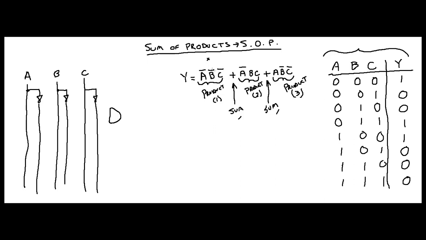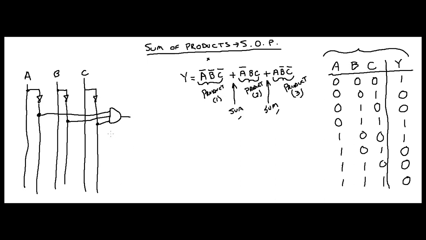So they've all been inverted. So if we take one, we're going to go from here, we'll go all the way over to A bar. That's A bar. The next one will go to B bar. And the next one will go to C bar. Get it?